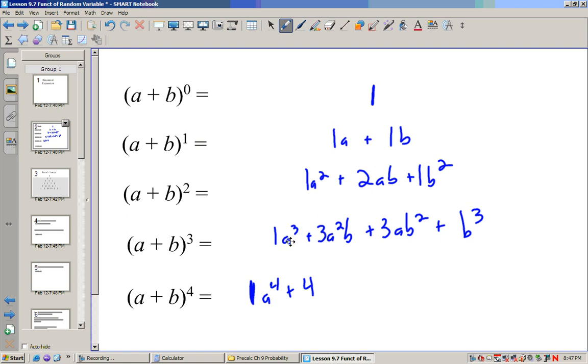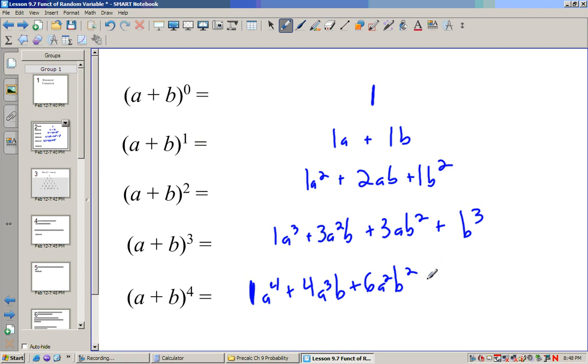Now see how my a to the third goes to a squared, a, and then it disappears? So let's do the same thing here. This will go a to the third, and now b will start up. Now if I add these two coefficients, I get 6. This would be a squared, b squared.